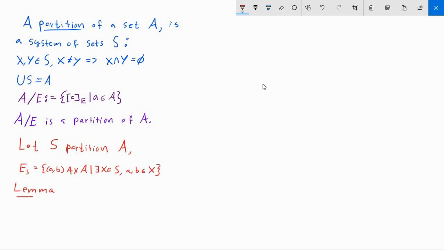The reason for this definition is the following lemma: E sub S is an equivalence relation.